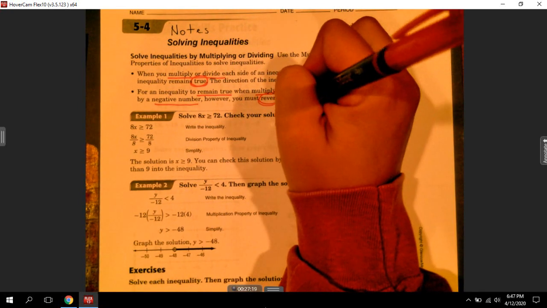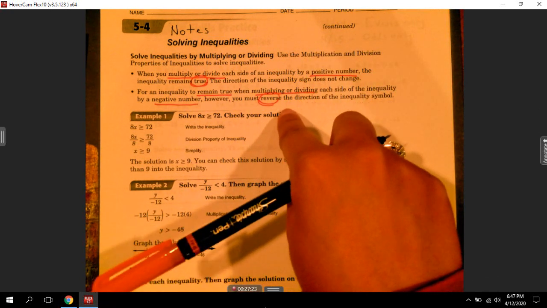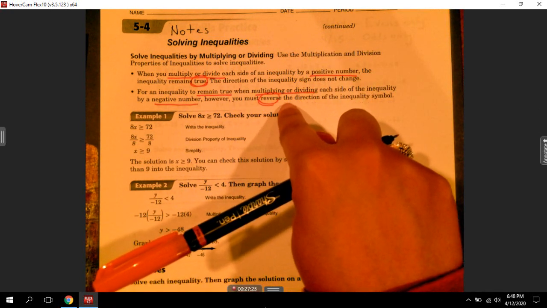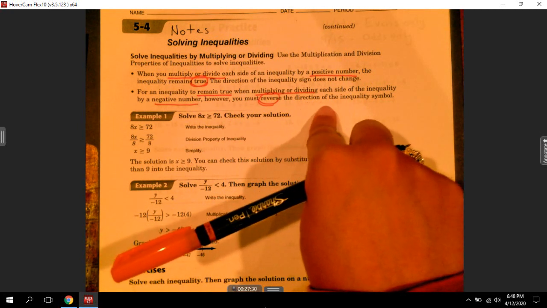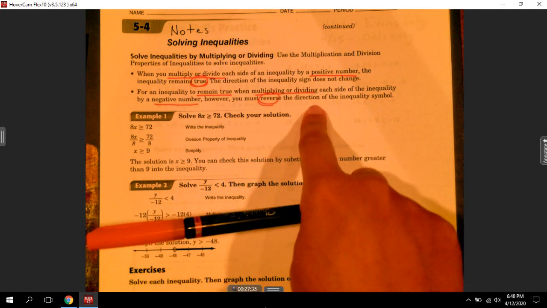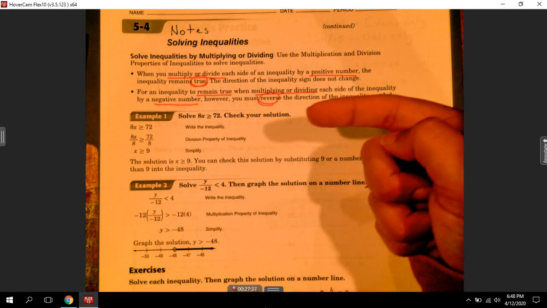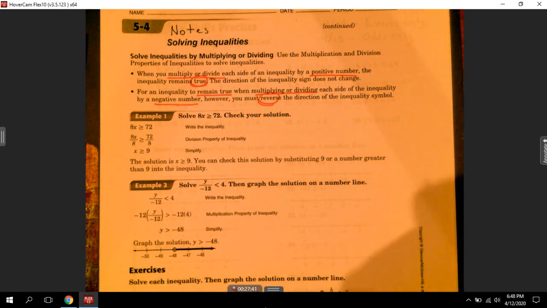So if you're dividing, say you have 2x is less than 72, or negative 2x is less than, you would flip the sign. So the less than would become greater than, okay?